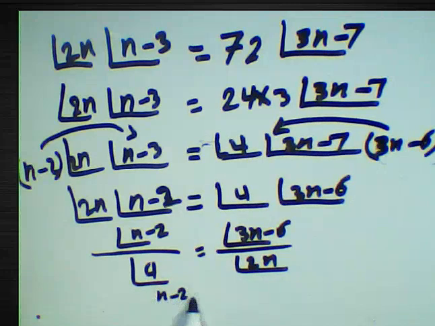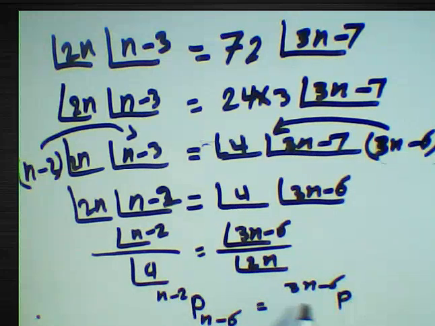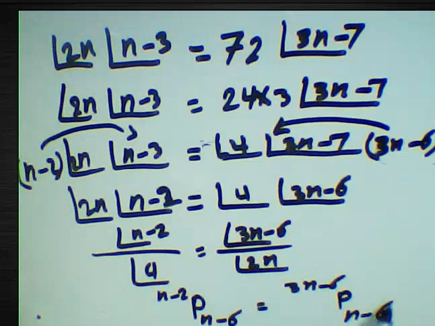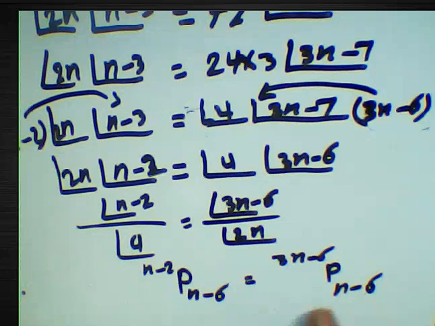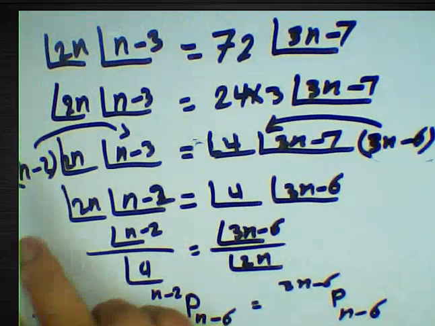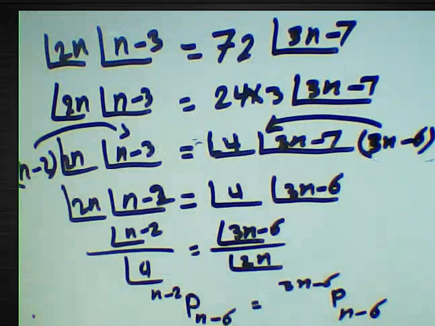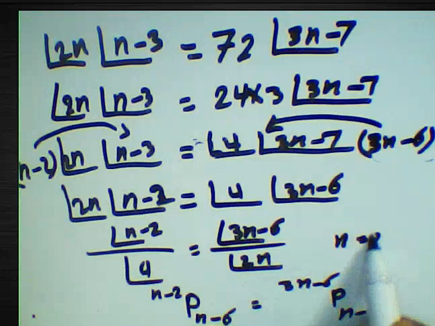Write n minus 2 permutation, the difference between them n minus 6, and 3n minus 6 permutation, the difference between them will be n minus 6. Then we have n minus 6 in the place here. Then n will be equal to 6. Put n equal 6 here. It will be positive and positive, so n will be equal to 6.